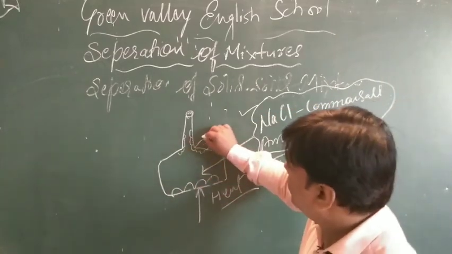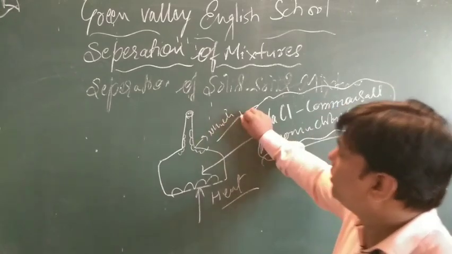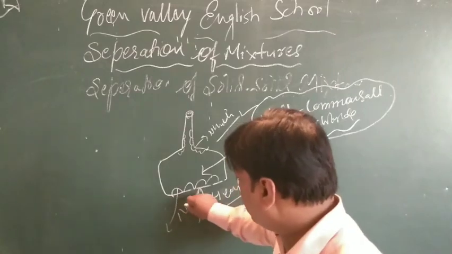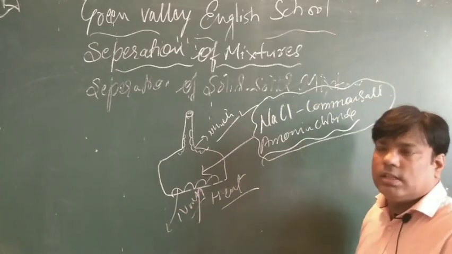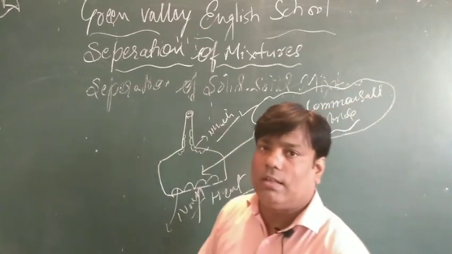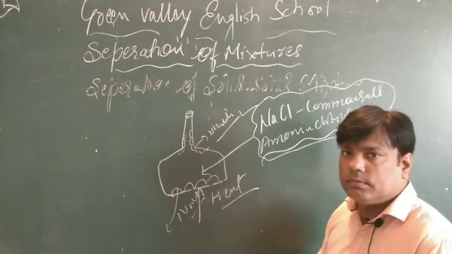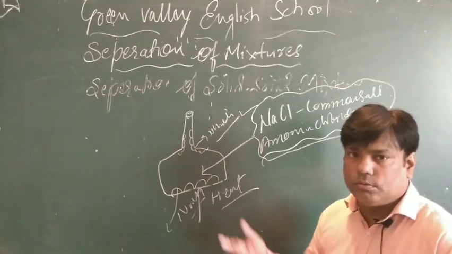That is our ammonium chloride, and this one is sodium chloride. So with the help of sublimation, we can separate those substances which can sublimate, like camphor, naphthalene ball, and so on.